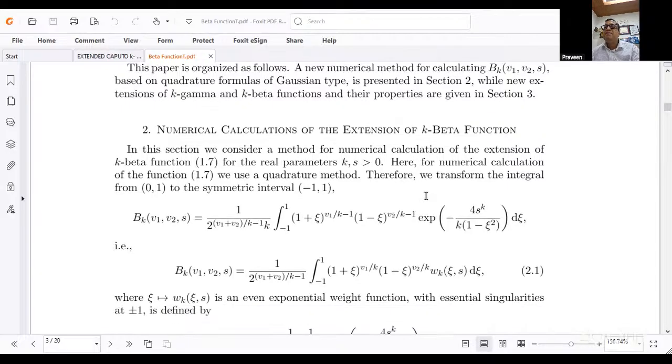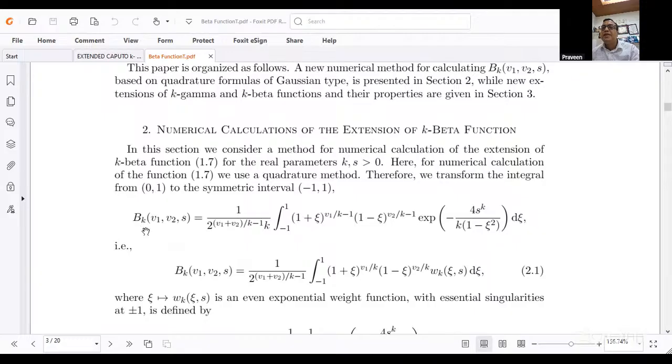So first of all, we discuss transforming the integral from 0 to 1 to the symmetrical interval minus 1 to 1, which is given by this equation 2.1. Here you can see that there are two kinds of representation of this transformation.